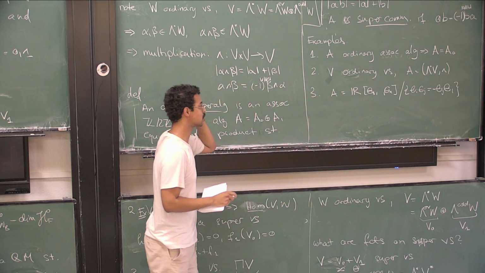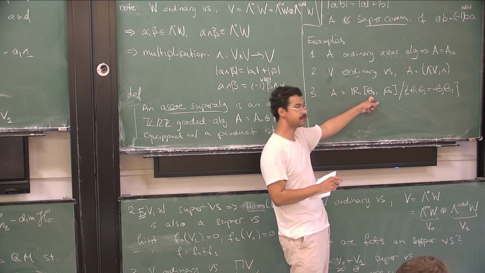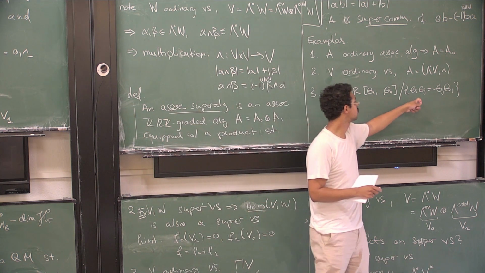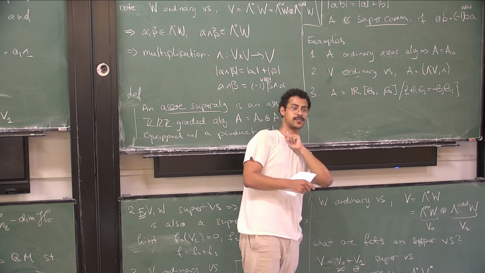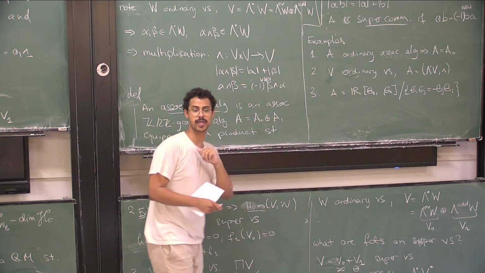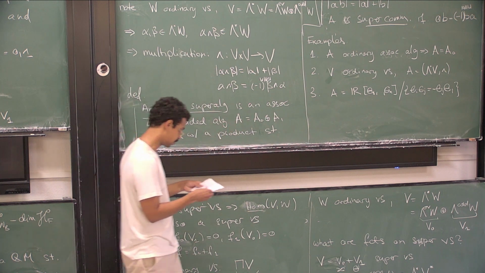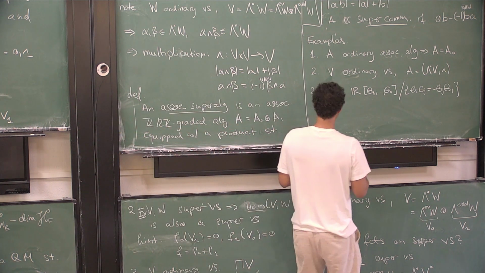Like this morning, we saw if we had just one of these and quotiented by the relation that it squares to 0, this was the epsilon we saw this morning.